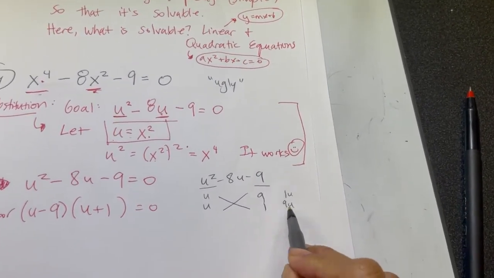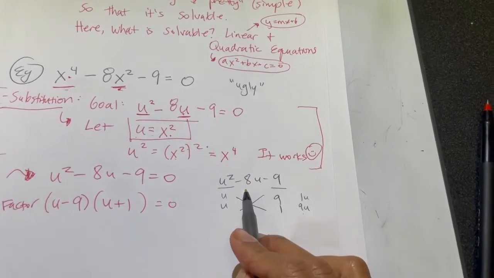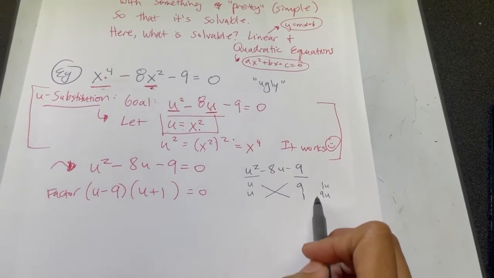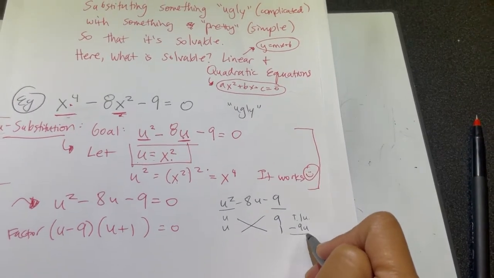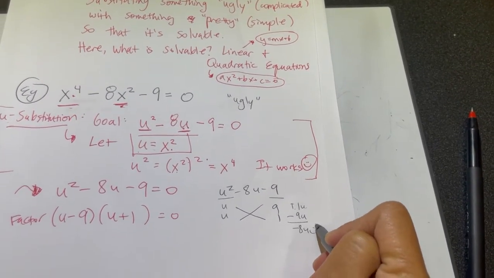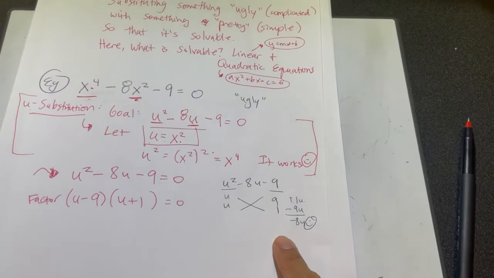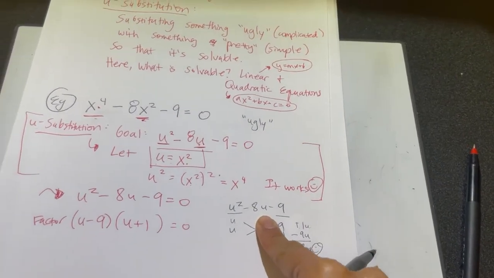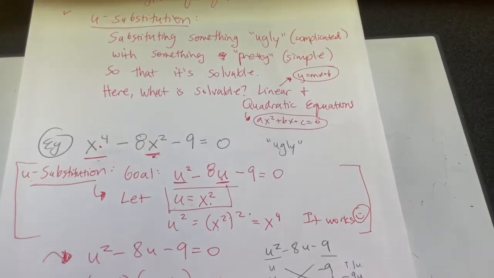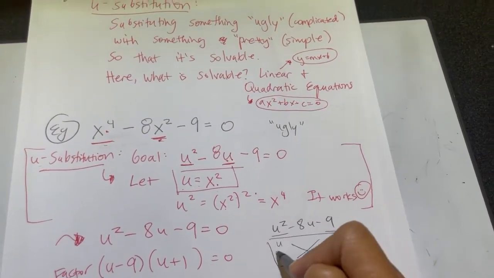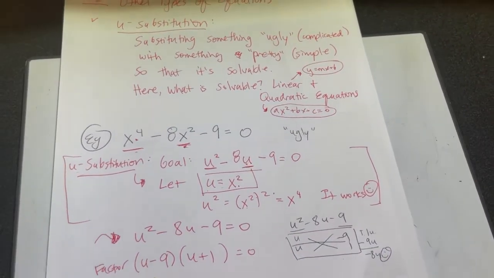Can I add or subtract that to give you negative 8u? Yeah. Where do I need my negative? At the 9. So if it's a positive 1u and a negative 9u, I will get negative 8u. Winner, winner, chicken dinner. That is negative 8u. So where do I need my negative, on 9 or 1? 9, right? So therefore, when you box it, you end up getting this right here.